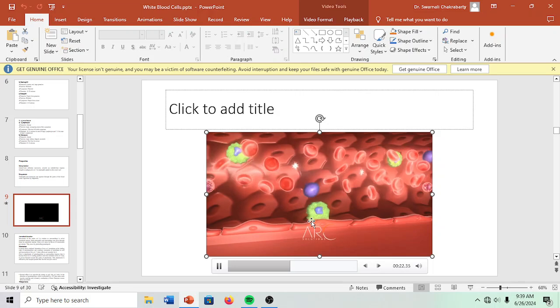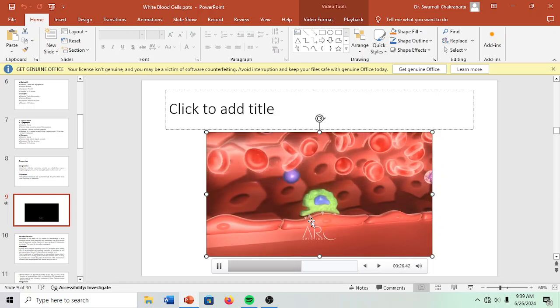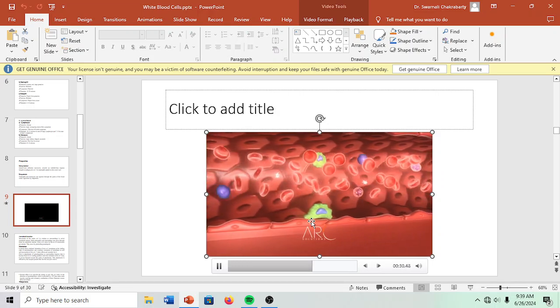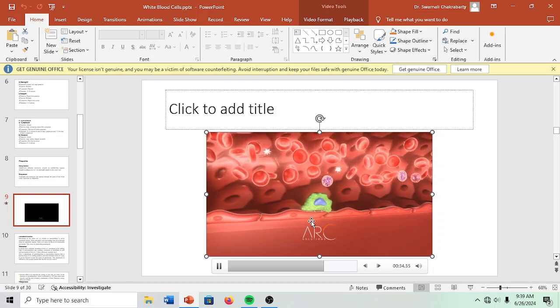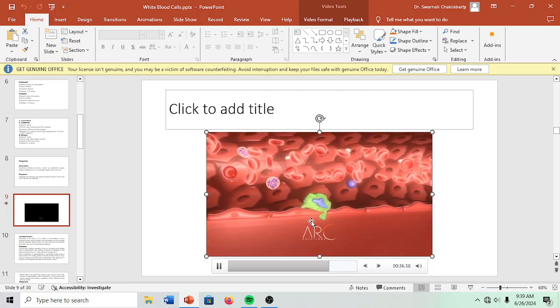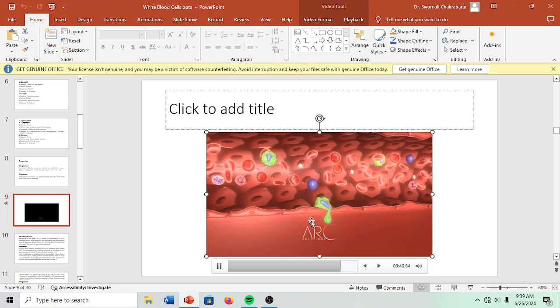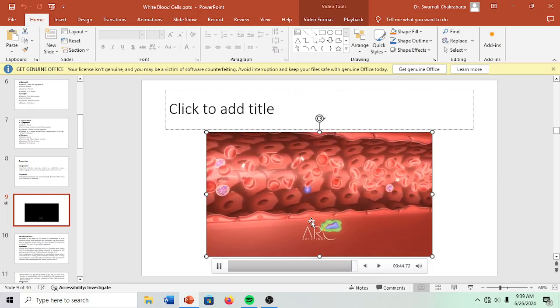In this video they have used green color for better understanding, but actually WBC is white in color. This is a neutrophil. You can see that the nucleus is violet in color and is now squeezing through the pores of the blood vessel. This is called diapedesis. Now it has come out from the blood vessel.